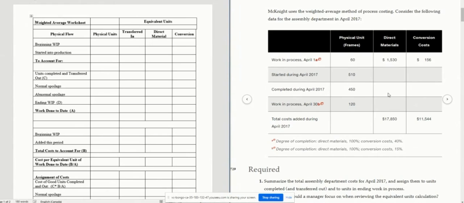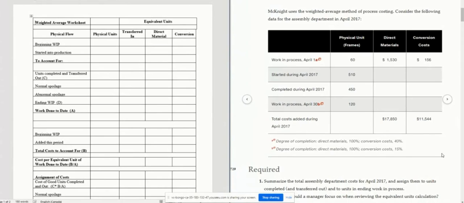We've been able to complete 450, which means that there must be 120 left over in ending work in process. And we also know a little bit about money that was added this month. And they tell us the degree of completion in terms of product in our beginning and ending inventories.